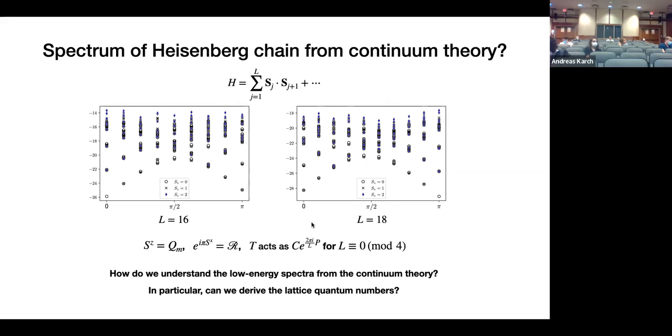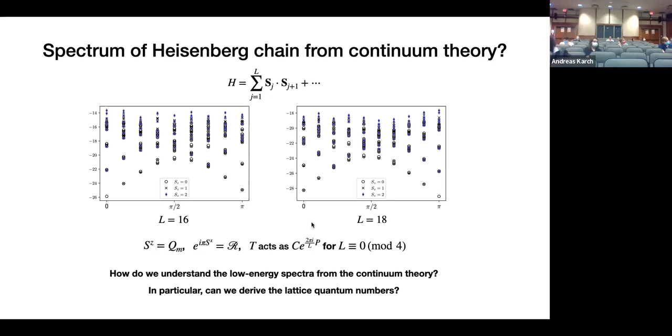There's also a pi rotation around the x-axis that's identified with a charge conjugation R symmetry in the continuum. Importantly, T acts as C times e to 2 pi I over L P. That's just a continuum translation, but there's additional element C. And we can see that at least from the spectrum of the system, when L is a multiple of 4. Okay? We can identify these symmetries clearly in that case.